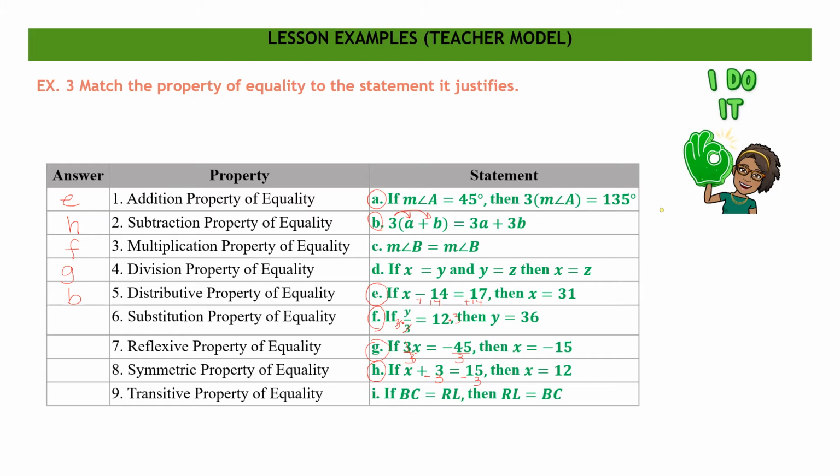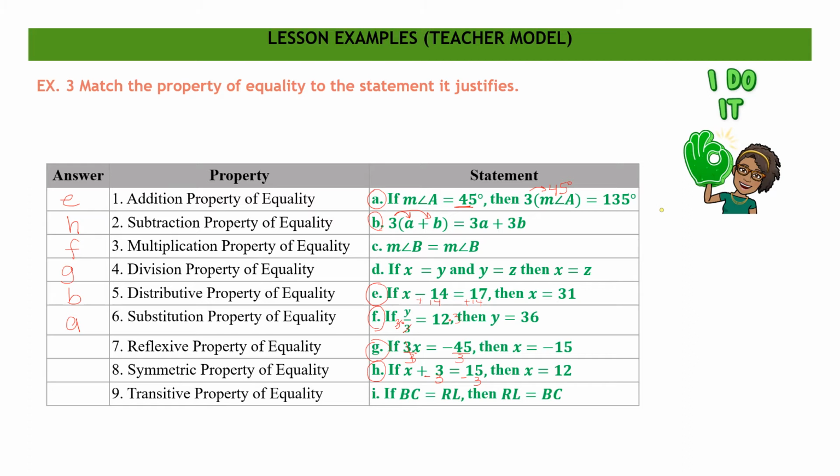So they told me that the measure of angle A is 45. So that means every time that I see the measure of angle A, I can just substitute it or plug it in. So here, if I plug in 45 for that value of the measure of angle A, I have 3 times 45, and 3 times 45 gives me 135 degrees. So A is a good example of the substitution property of equality.